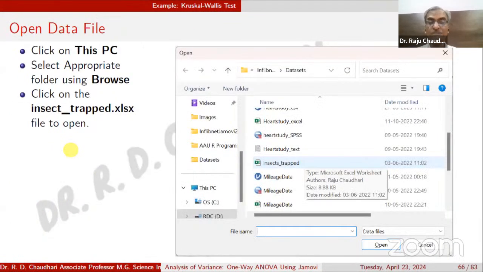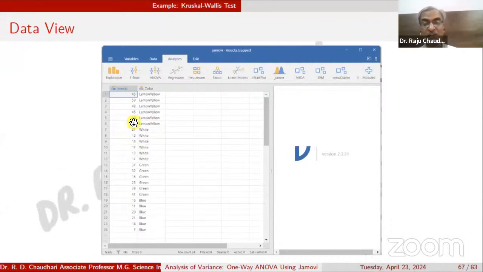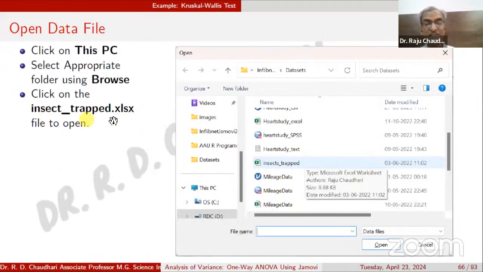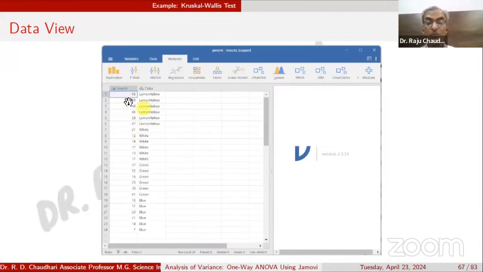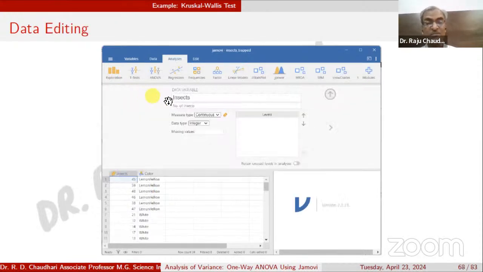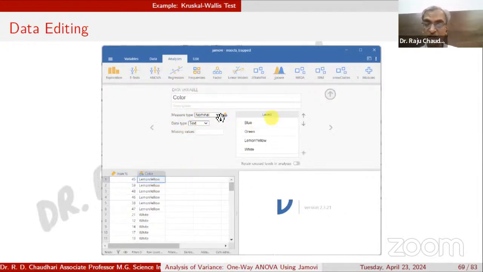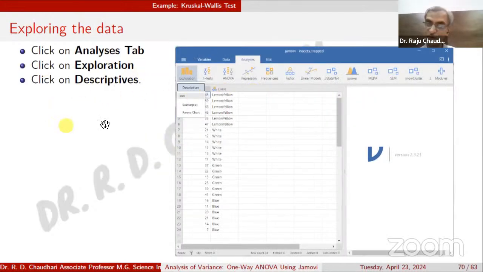In this case, again, we have the data file, the insect trap XLS data file. If we open the data file, we can see that there are two variables. One is insects, which is continuous, and another is color, which is categorical. By default it considers insects as categorical, so we can change that to continuous. Then explore the data, that is exploratory analysis.